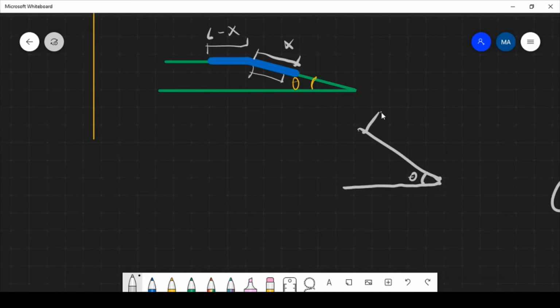We have theta, a block over here, and this is the weight. This line is perpendicular to the plane. What is it that we want? We want the force in this direction. This angle over here is theta, right? So this is mg, which is the weight. We want the parallel component, so it is mg sine theta.